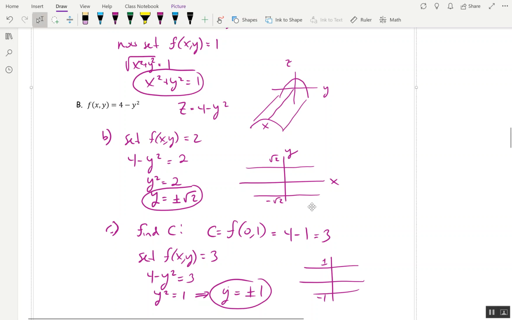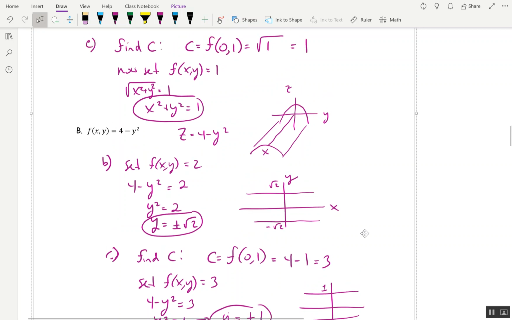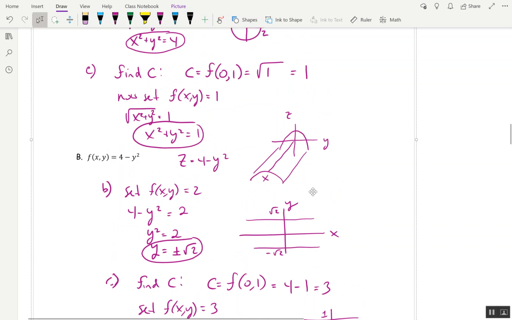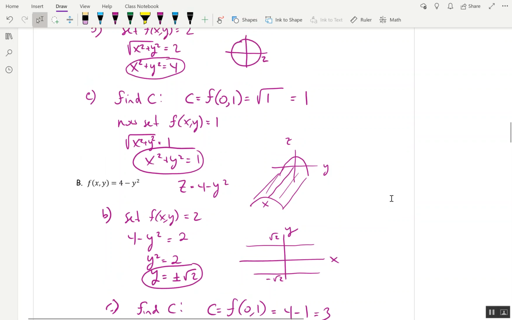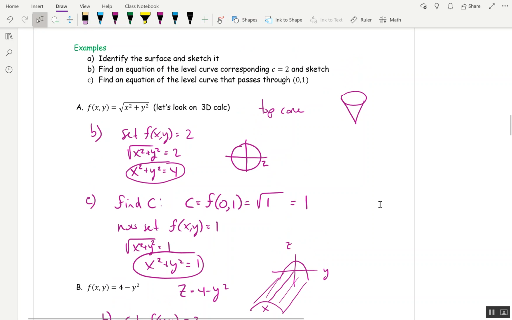All right. So that takes care of the difference between level curves and contour curves. I'll never ask you to graph contour curves because that's going to force you to actually draw the surface and then put the curves onto the surface, and that's kind of tricky to do in 2D. I'll ask you to draw level curves all the time, though, and I'll ask you in two different ways.